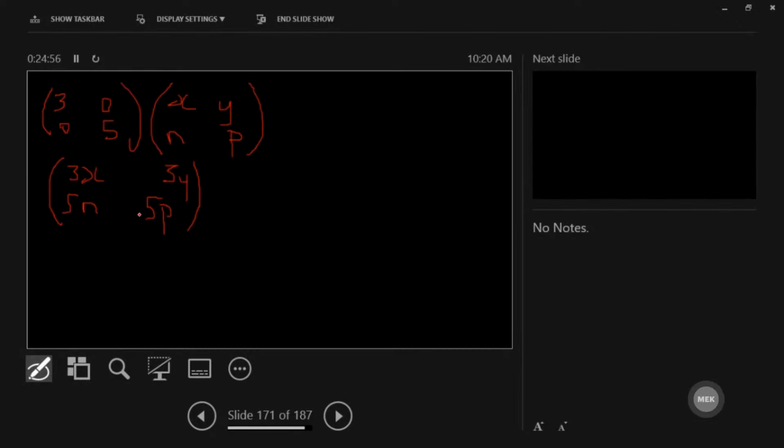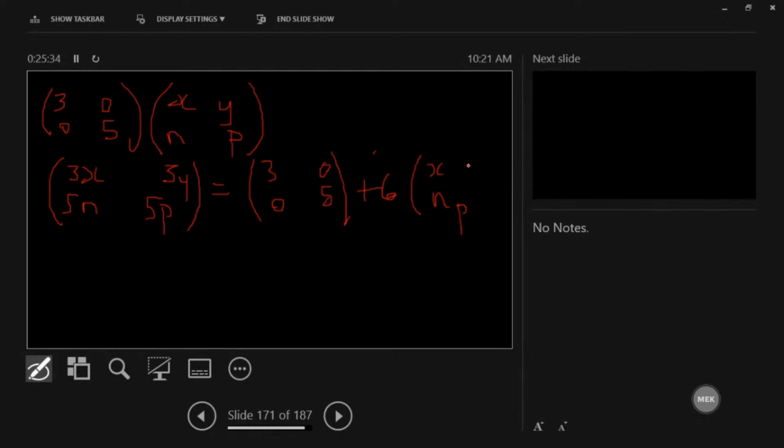And we are told that this product is equal to A plus 6B. So let's write back A. So A is [3, 0, 0, 5]. And 6B, so plus 6 times B. And B just had X, Y, N, and P. So this is scalar multiplication happening here.